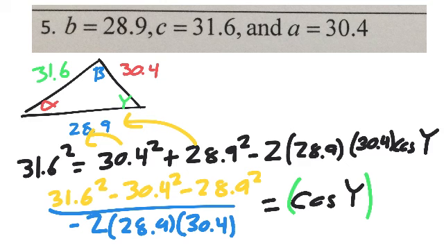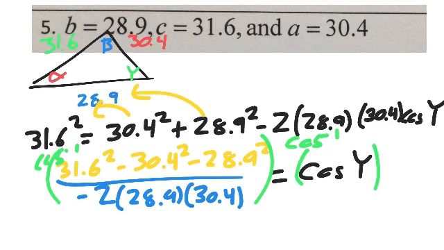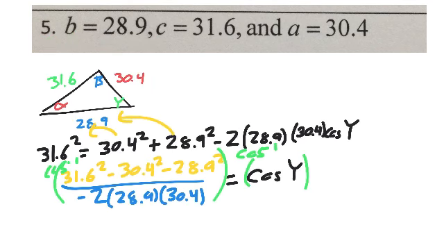But I care what gamma is, so I need to take an inverse cosine of both sides. And so that's going to give me gamma equals, and I'm putting all that in my calculator, so I've got the inverse cosine of, I gotta put a fraction bar, 31.6 squared minus 30.4 squared minus 28.9 squared.